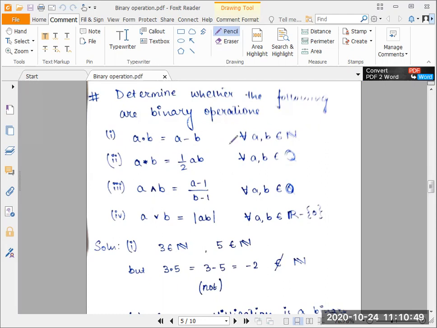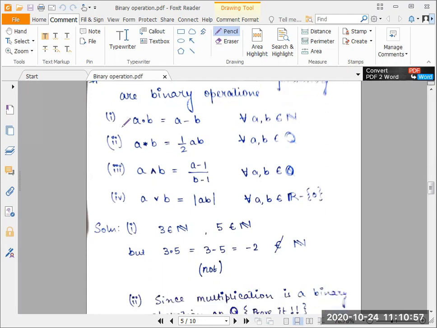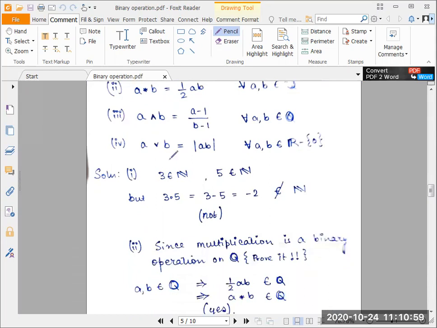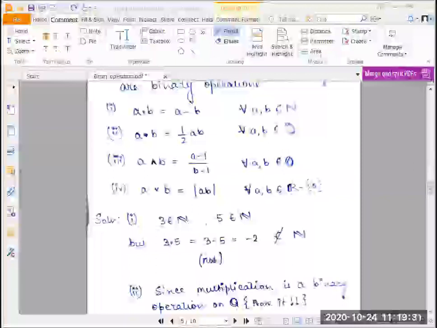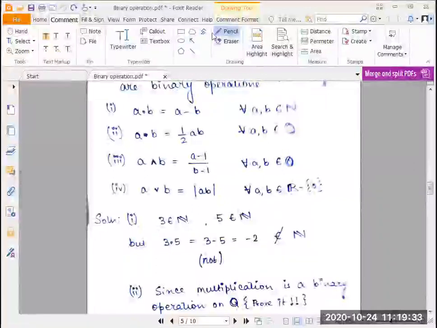Now let's look at the first sum. I've listed all four sums here at the same time, but we'll be taking them one at a time. So we have the solution of the first sum. By the definition of binary operation, this A and B, when operated on each other, need to map to a particular element which still exists in the natural numbers.